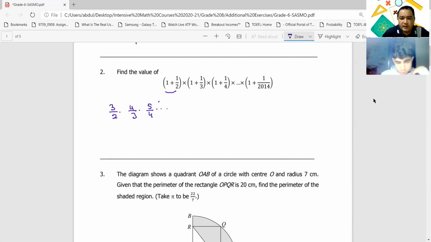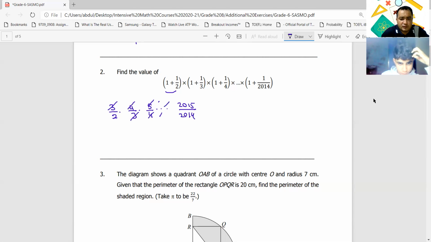Dot, dot, dot. And the last one is 2014 plus 1, 2015 over 2014. Now, as you see here, the 3s cancel out each other, the 4s cancel out each other, the 5s, and that continues. There's a pattern, right? The previous one is 3 over 2, 4 over 3. The previous one will be 2014 over 2013.